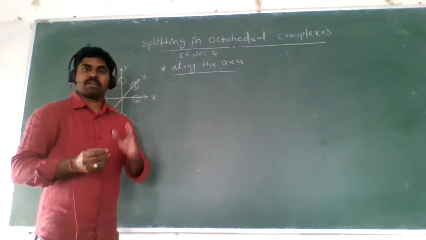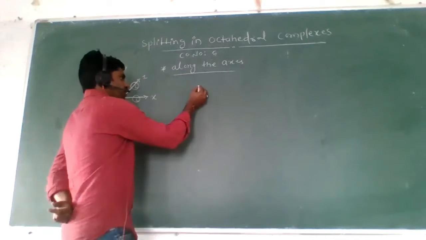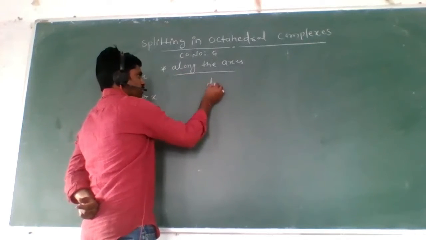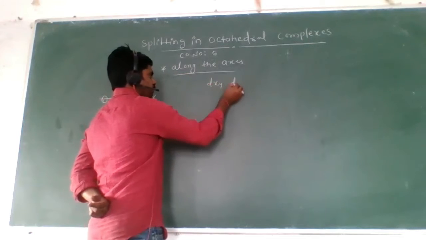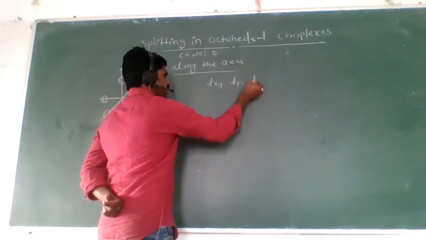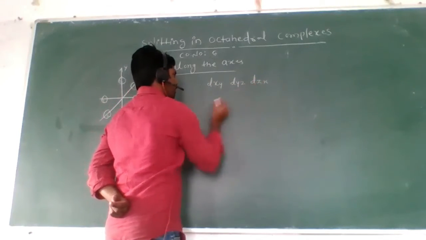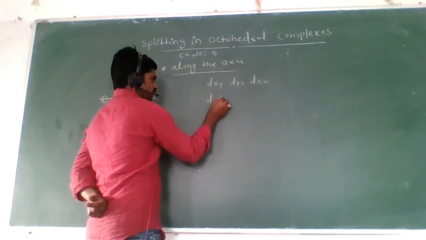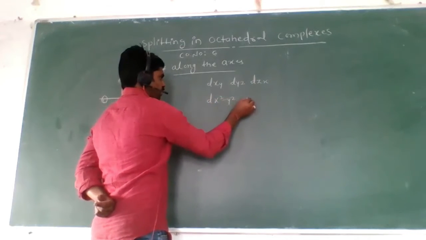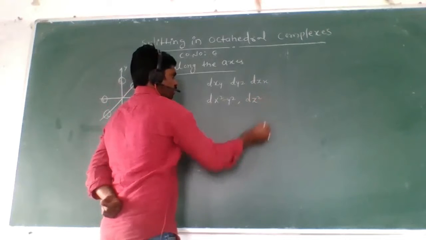Is that clear? So we know the d orbitals here are dxy, dyz, dzx, dx square minus y square, dz square.